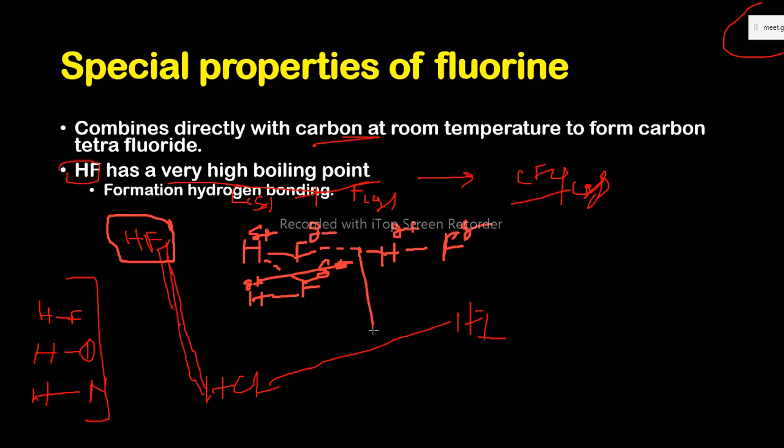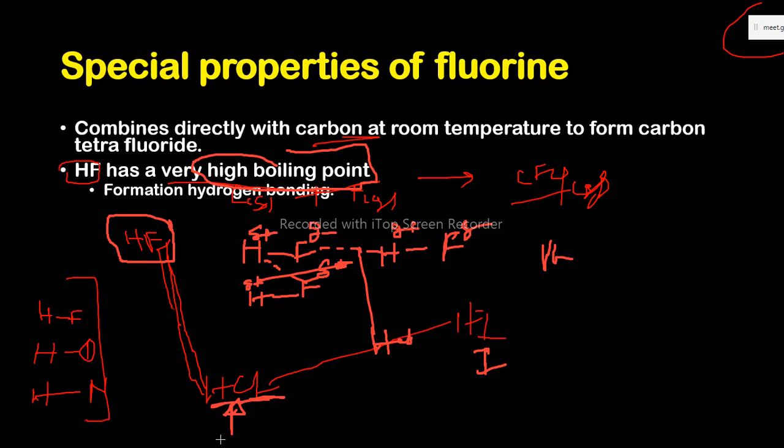These hydrogen bonds are too strong to break, hence making hydrogen fluoride have high melting and boiling points. But for the rest, from chlorine to iodine, these hydrides do not exhibit hydrogen bonds, but rather weak van der Waals forces of attraction, because they form simple molecular structures.